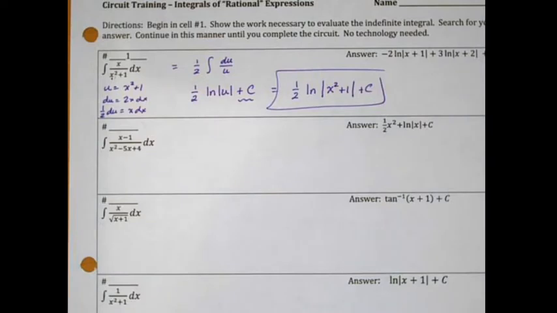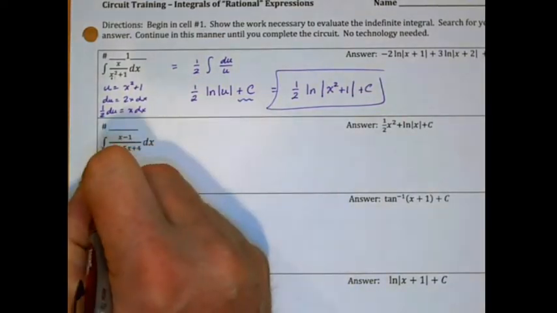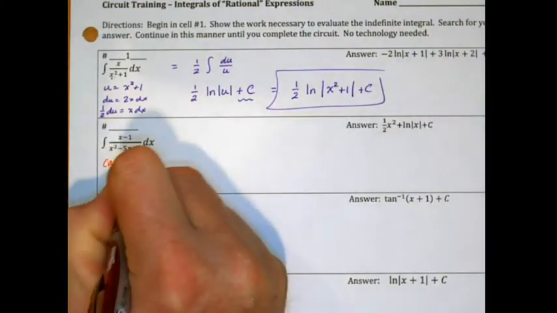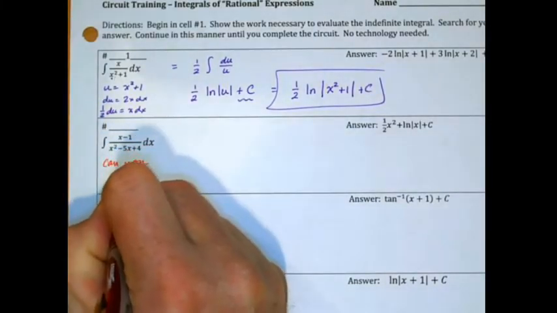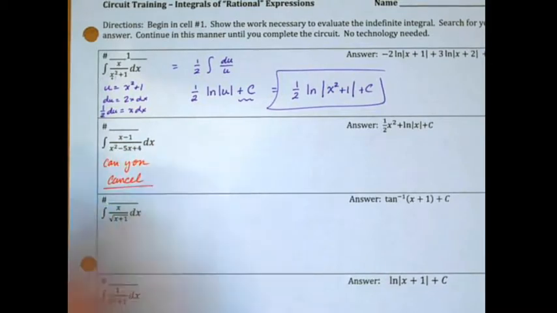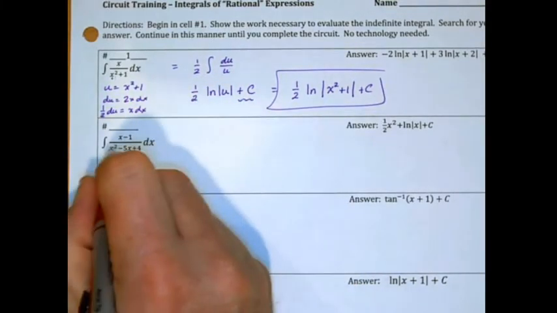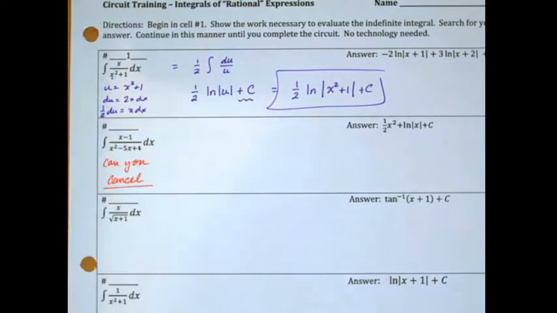All right. Second one. With the second one, can you cancel? So is there a cancellation? Is x minus 1 a factor of this? There are a couple of them in here that you're going to have to do synthetic division or division of the numerator and denominator, and I've showed those in the examples as best I can.